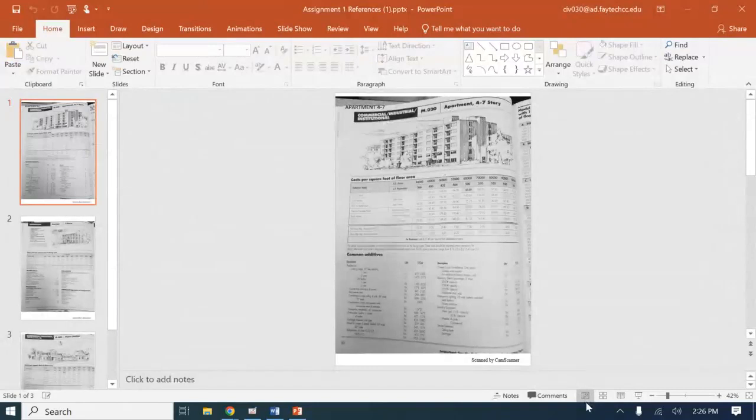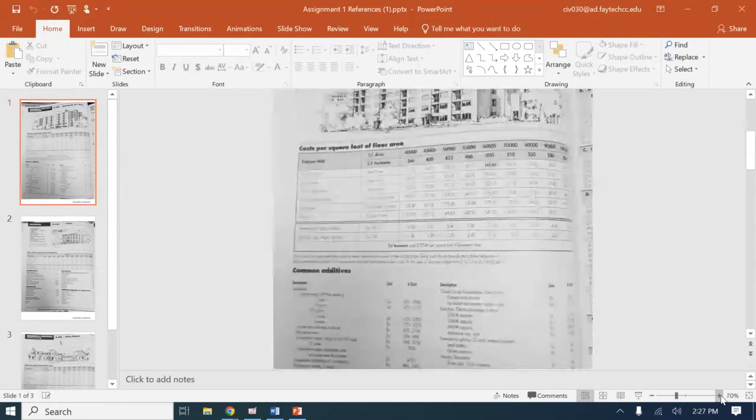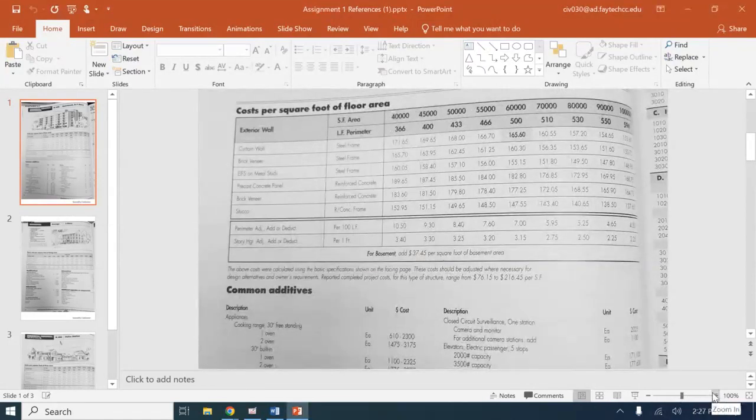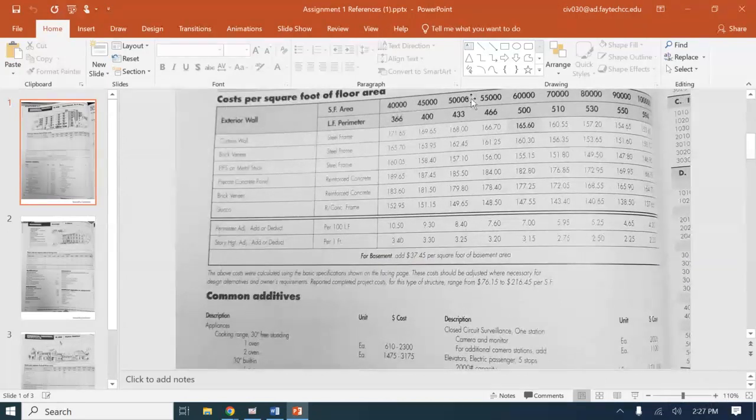All right, so it's an apartment, 4 to 7 stories. Ours is going to be 6. 7,800 square feet, brick veneer steel frame. I'm going to go in where I can see a little bit better. We're at 7,800. So brick veneer, steel frame.